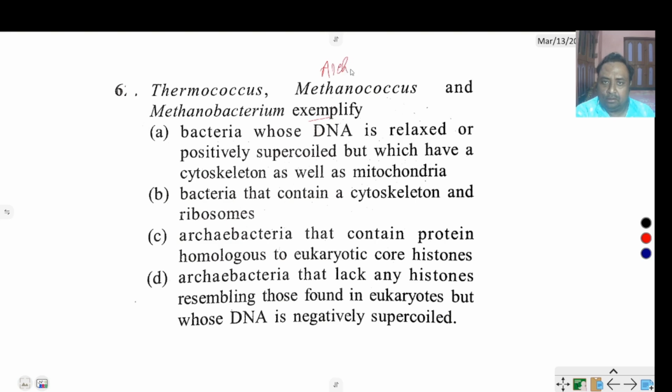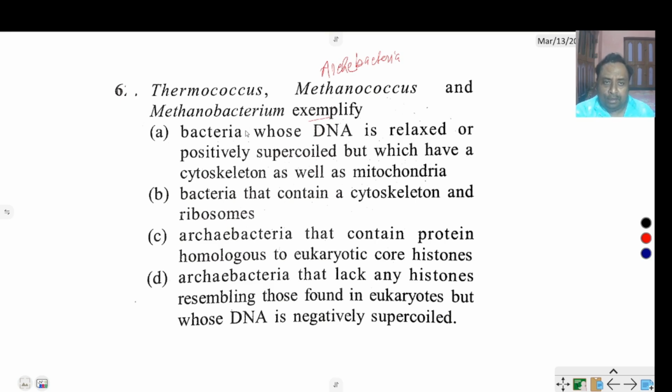First, understand that Thermococcus and Methanobacterium are all archaebacteria. C. Bacteria that contain cytoskeleton and ribosomes. D. Archaebacteria that contain protein homologous to eukaryotic core histone. E. Archaebacteria that lack any histone resembling those found in eukaryotes but whose DNA is negatively supercoiled.